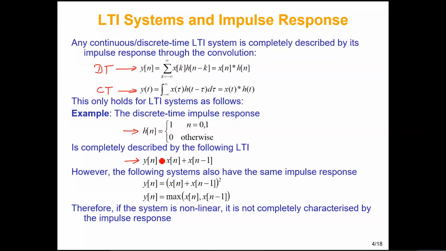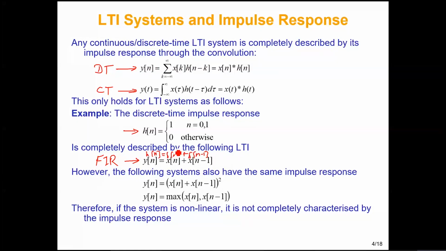The impulse response for any given difference equation can be found if you have an FIR system, like you see right here. We can just replace x of n with delta n, because then the input becomes delta n and the output becomes h of n. So we can directly do this.